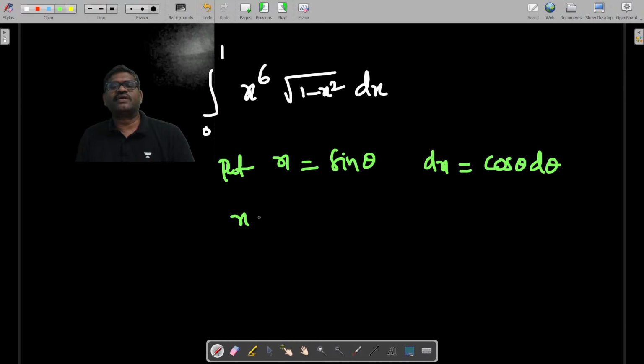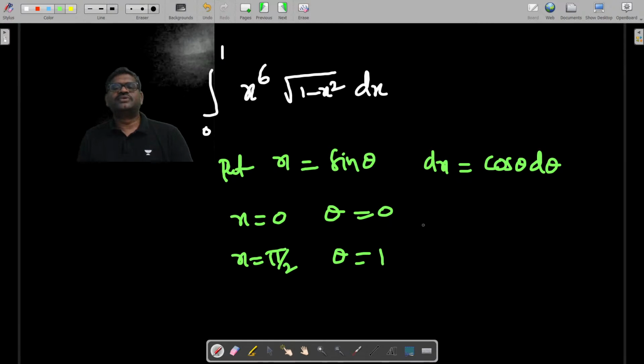Here the x value is 1, so when x is 1, theta is pi by 2. When x is 0, theta is 0.